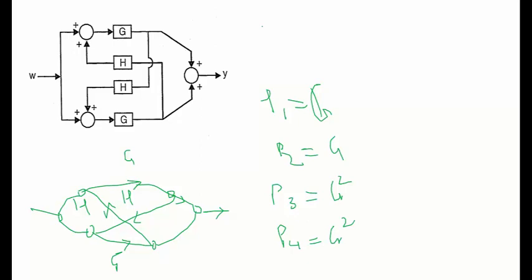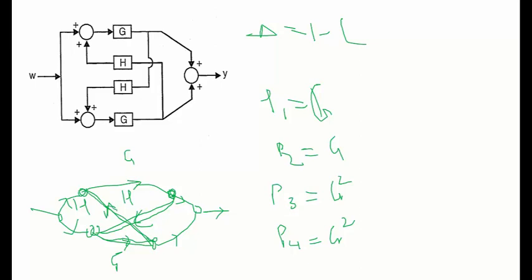Now we want to find delta. Delta is 1 minus the sum of loop gains. If you look at this SFG, you see that there is only one loop. For example, if you start from this node, you travel along the branch arrow to this node, then back through this branch to this node, then here in this direction, then back from this branch to this node.